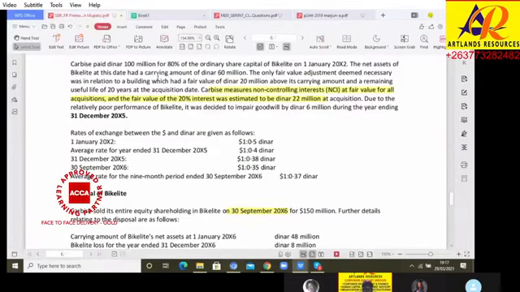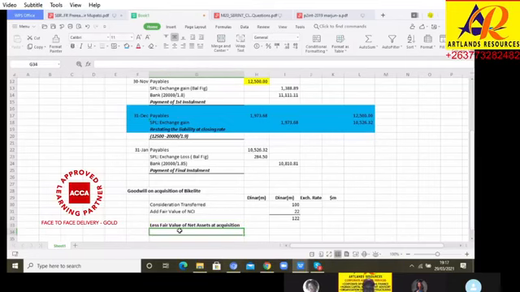We are told that the carrying amount of net assets was 60 million, and the fair value adjustment that was required was 20 million on buildings. So net assets at the carrying amount of 60. Carrying amount of net assets was 60.